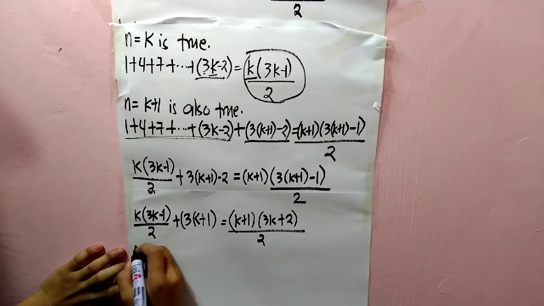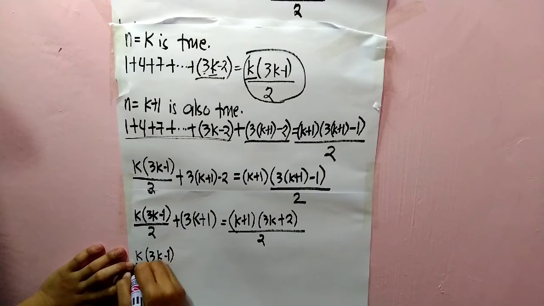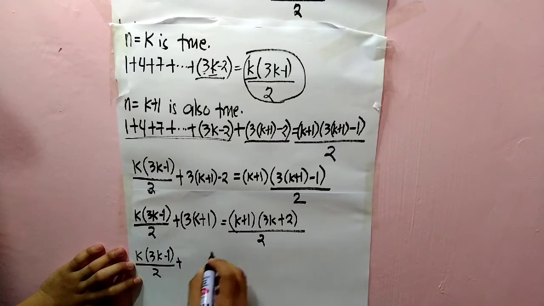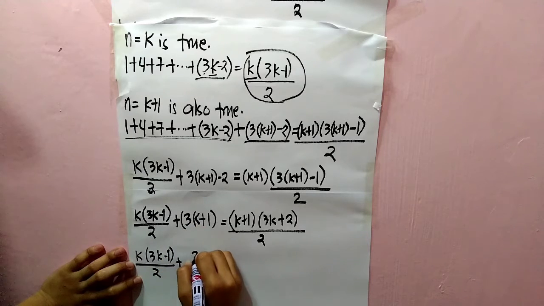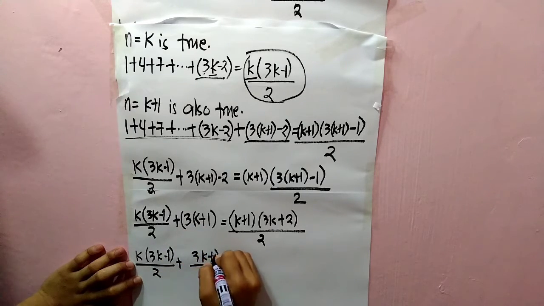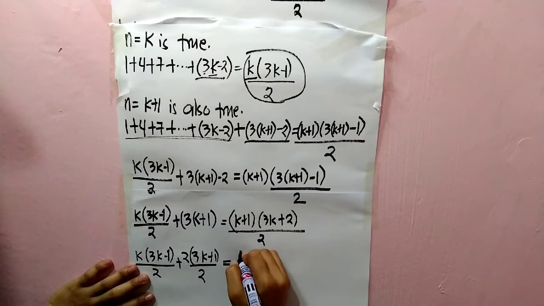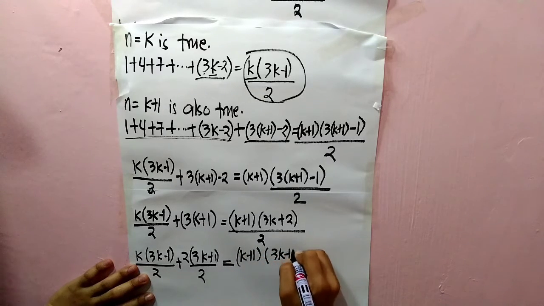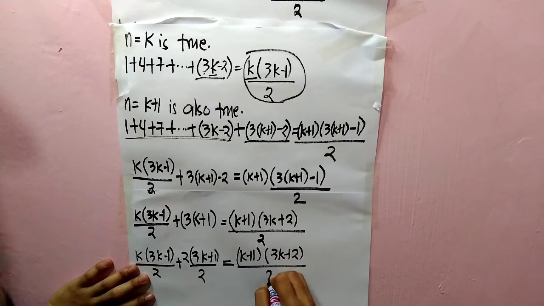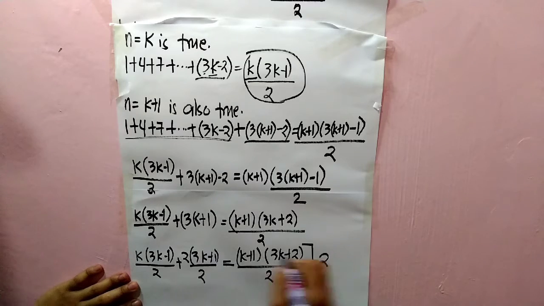So we have k times (3k minus 1) over 2 plus, we have the denominator of 2, so 2 times (3k plus 1), equals (k plus 1)(3k plus 2) over 2. So, we will multiply both sides by 2.